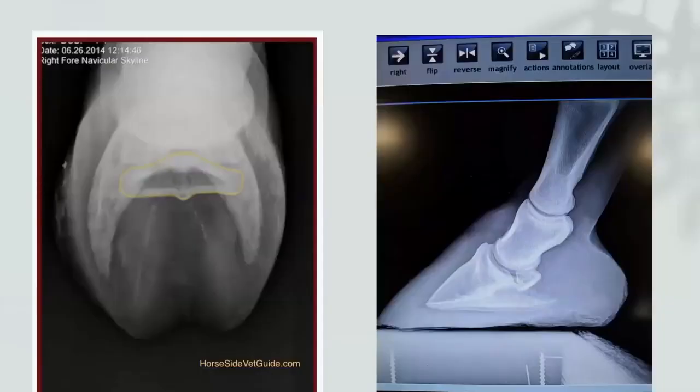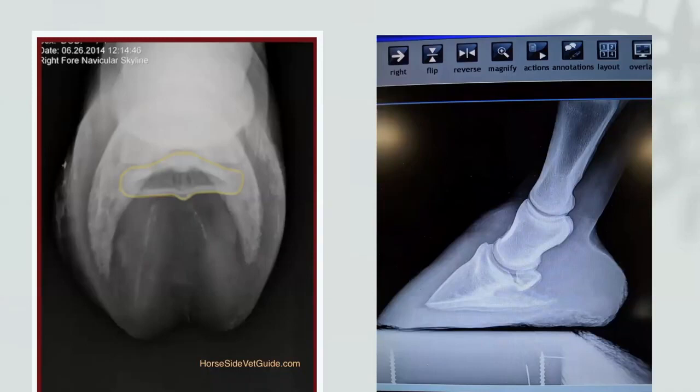Excellent. So our next picture here are actually two radiographs, so just looking at our anatomy in different ways. These are x-rays, and when we're looking at the right-hand picture, you've got your coffin bone at the bottom, your navicular bone sitting behind it, P2 being your short pastern, and P1 being your long pastern there.